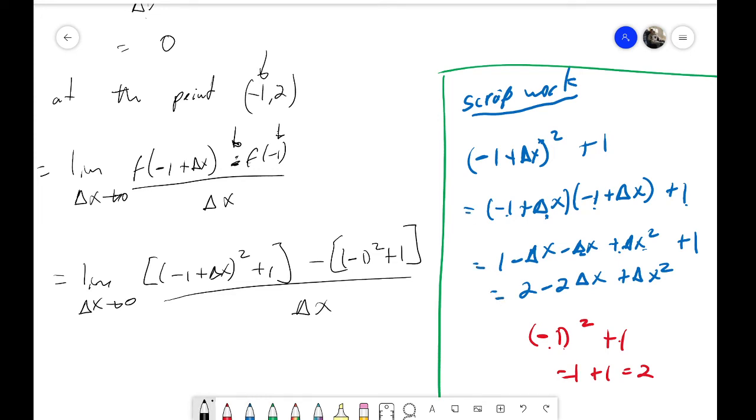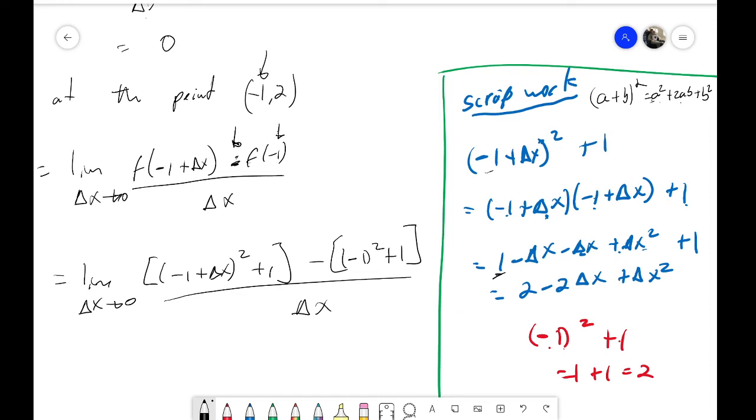It is useful if you remember from college algebra that a plus b squared is the same thing as a squared plus 2ab plus b squared. That's something very useful. Notice that this is the case here. This minus 1 squared is 1.